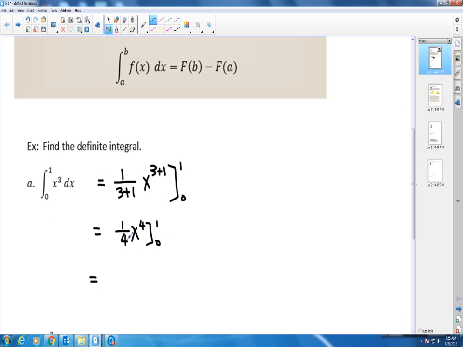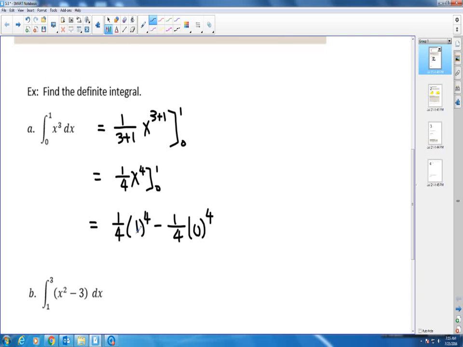So what that means is I will substitute 1 for x to the 4th power, and I will subtract, substituting 0 for the same function to the 4th power. As you can see, 1 to the 4th power is still 1, and 1 times 1/4 is 1/4. 0 to the 4th power is 0, and 0 times anything is still 0.